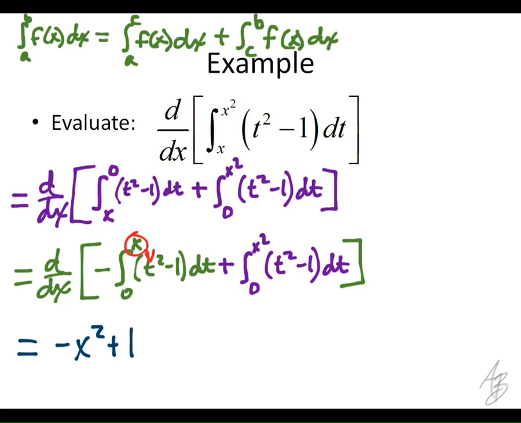And for the second one, this is the chain rule one because the upper limit is a function of x, not just x. So we put that in for the t. And when we put x squared in for t, we get x to the fourth minus 1. But then we have to multiply that by 2x, the derivative of the upper limit in this case.